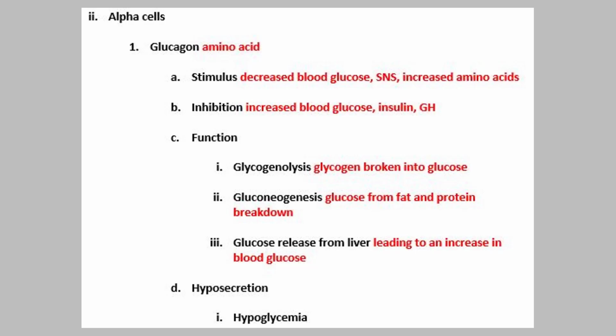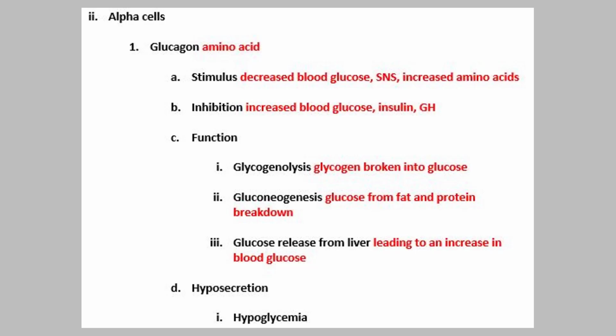But as a general rule, when insulin is up, glucagon is down, or when insulin is down, glucagon is up. It is inhibited by increased blood glucose. It is inhibited by insulin. Remember, they are antagonists. And it is inhibited by growth hormone.